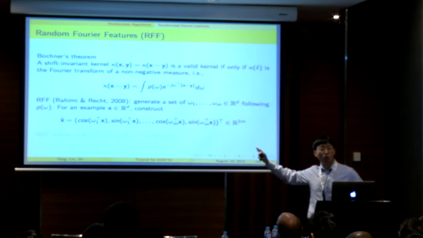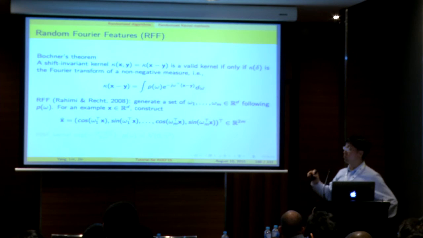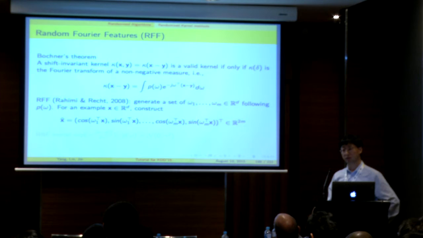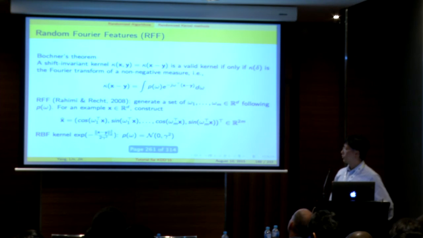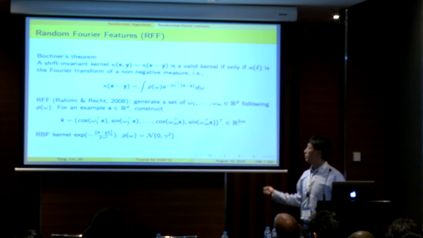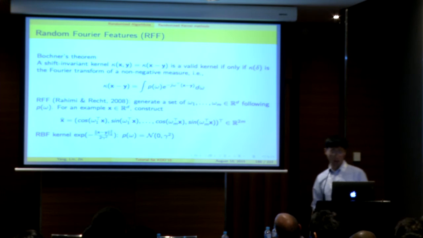So right now, we reduce the kernel problem to a linear problem. You can apply a linear method using this short feature representation. So you can solve kernel SVM, for example, using optimization algorithms for linear methods, without solving the original kernel problem. For the RBF kernel, for example, you can generate these samples from the Gaussian distribution with mean zero and variance gamma squared.